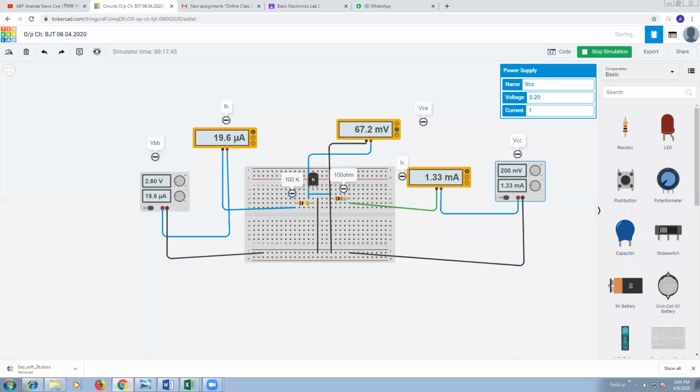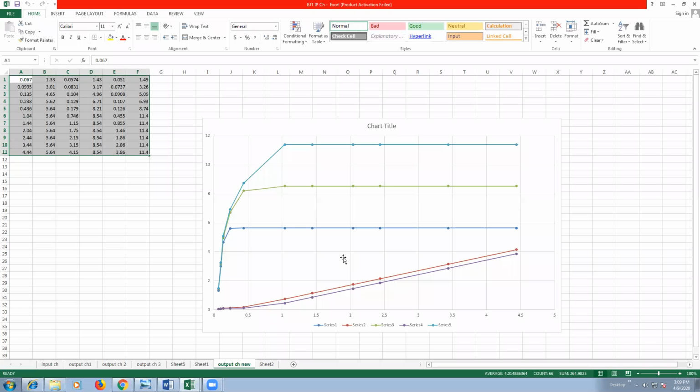After that, all this we have to plot on graph paper. In the graph, you can see here, this is a graph. I already took 3 sets of readings over here.